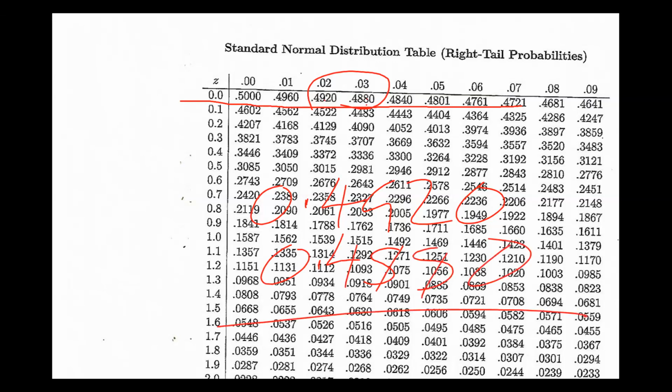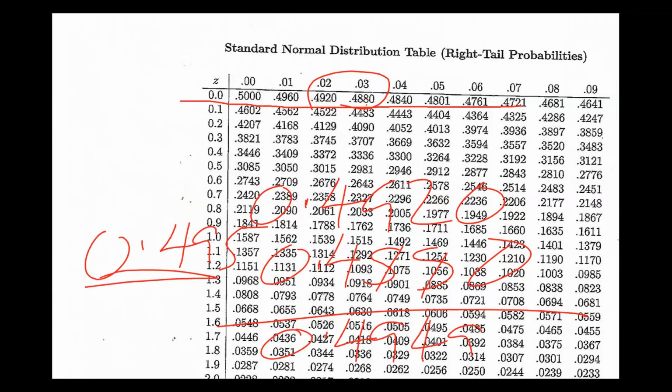When you add them, then you divide the answer by 2. That gives 0.490, which when you round it off to 3 decimal places will be 0.495. You've seen that, right?